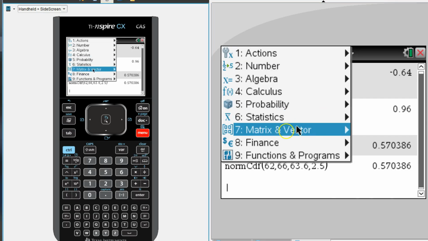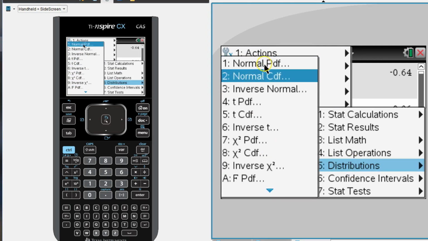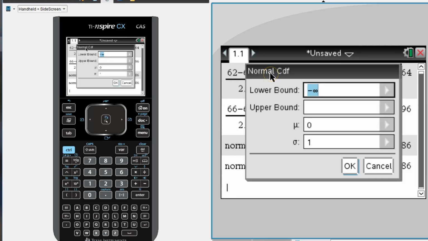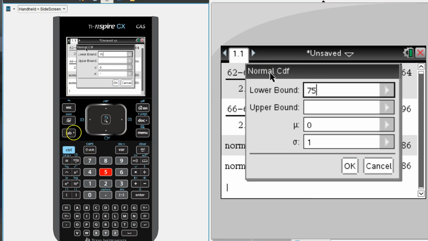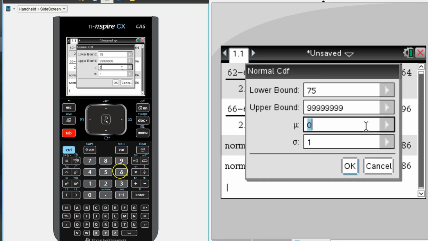So now we're going to run statistics, distributions, norm CDF. Our lower bound was the height of 75 inches. Or if you have infinity, use an infinity. Make sure I'm not doing this wrong. 75, yep, 69 and 3.7.